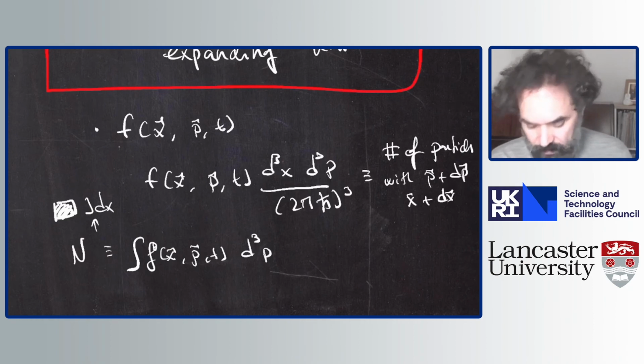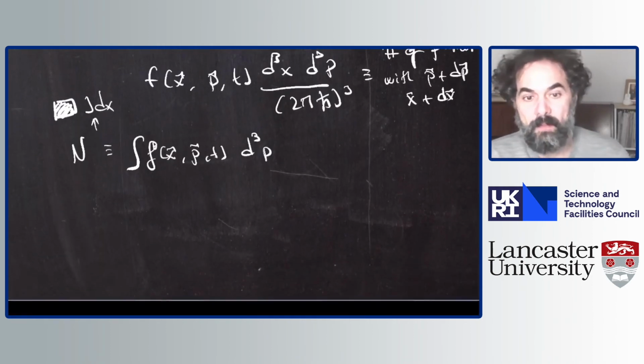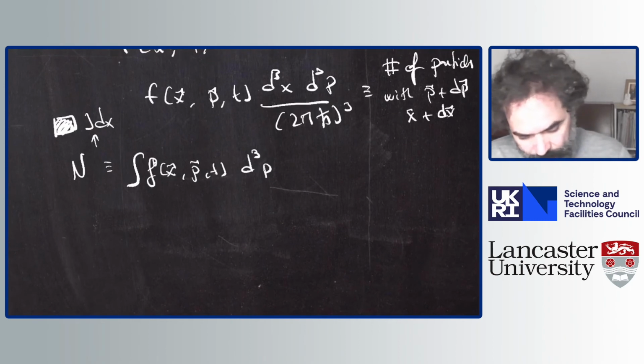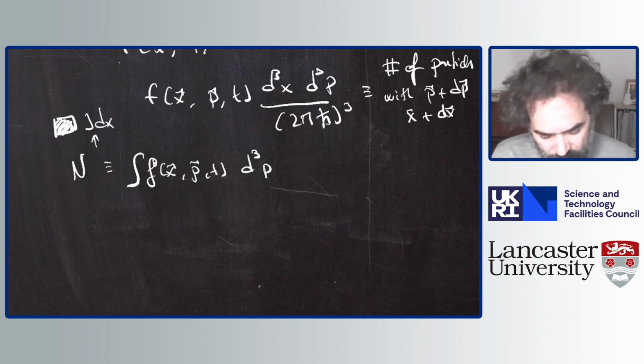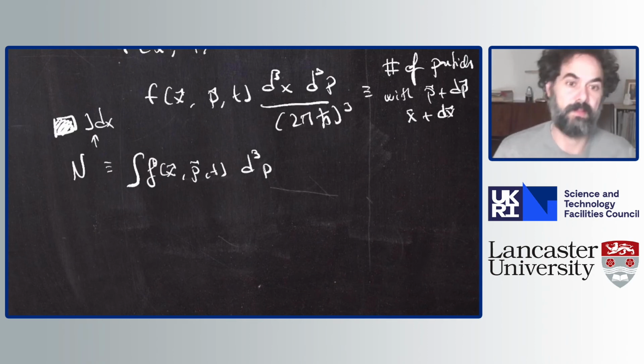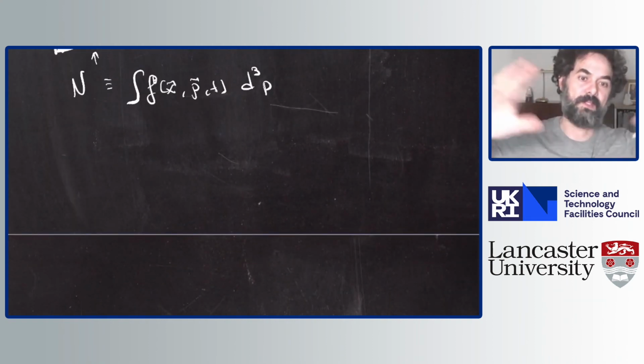If we now want the number of particles per unit volume, which in cosmology is what everything is normally given in, because volumes are so large, the important thing is what happens locally at each particular region of space, not what happens globally.